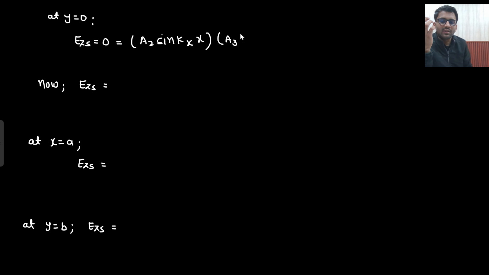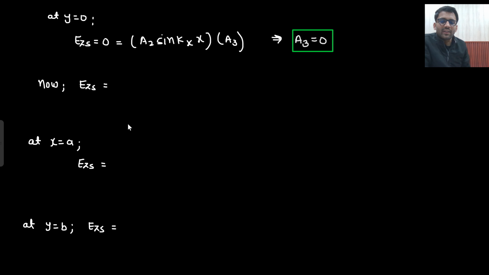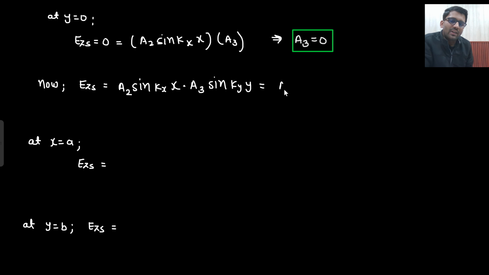So what are you left with? This term. Can you comment anything on x? No. But you can certainly comment on A3, that your A3 has to be 0. So A1 and A3 both are 0. This conclusion we have made. So now what are we left with? A1 is 0. So here we are left with A2 sin kx x, and here we are left with A3 sin ky y. So what are we getting?